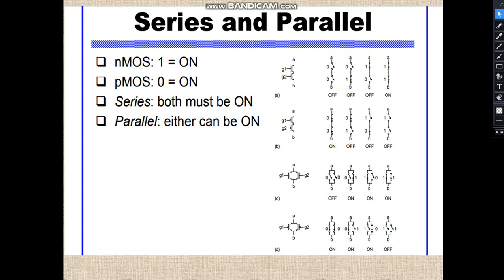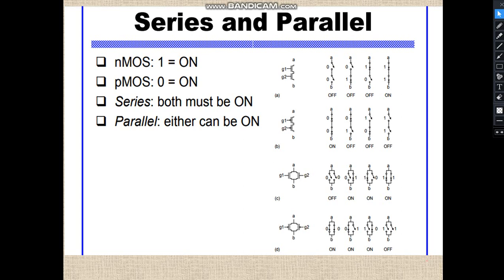This means the NMOSFET will be on if we apply 1 at the input. For a P-type MOSFET, it will operate when we apply 0 at the input. So for NMOS, the on condition needs 1 at the input, and for PMOS, it needs 0.